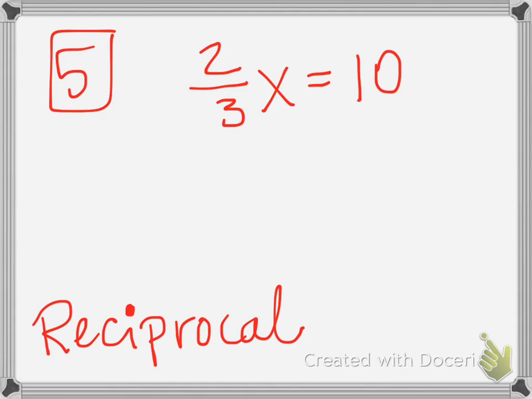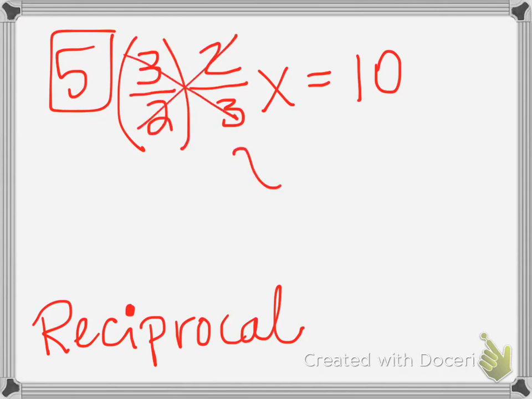Okay, so fill that in on the left-hand side. Remember, the reciprocal means just to flip it. So, right here, to cancel this out, I'm going to multiply by 3/2. Those cancel, and I'm left with x. Multiply this side by 3/2.